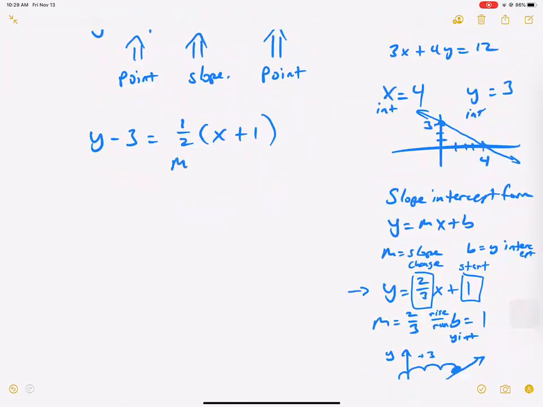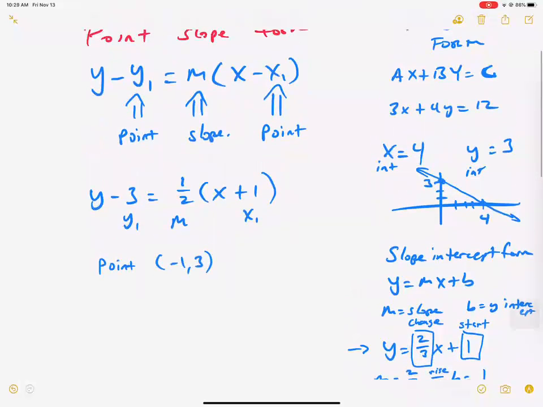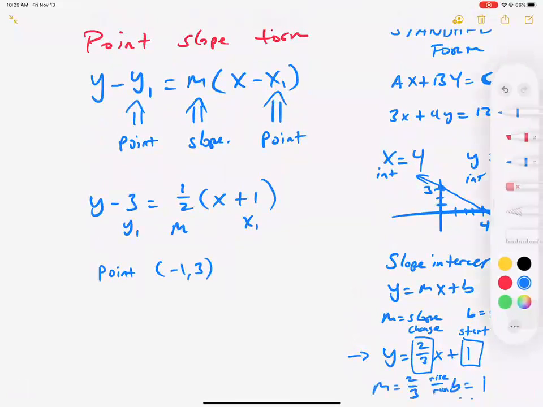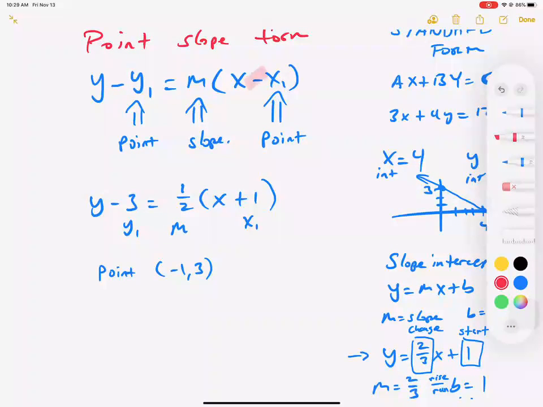So m is 1/2. This is my x and my y. Now we have everything we need. The point is -1, 3. Why is it -1, Mr. Ko? Because like our other examples, the negatives are already there. So this is really x minus a -1.